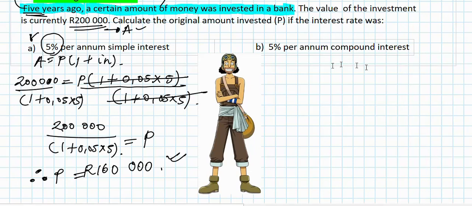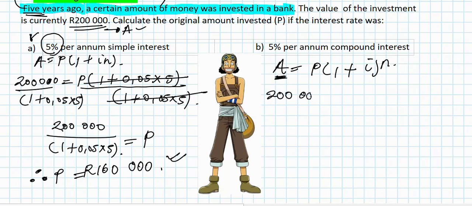So now let's do the compound interest formula. Same thing here, we avoid decimals. I'm going to say A is equal to P into 1 plus I raised to N, because that's the compound interest formula. And then we substitute my accumulated amount, that's 200,000 right there. What is my principal amount?